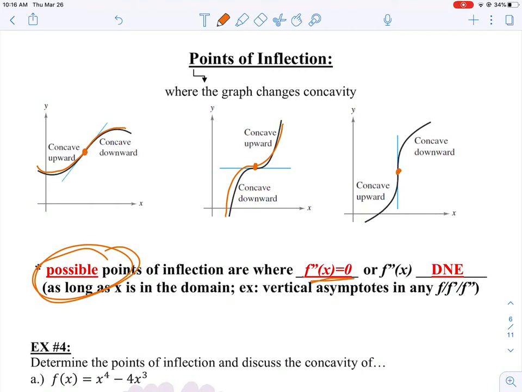That's where our second derivative equals 0 or does not exist. And then we have to do a sign chart, but with our second derivative. Remember, if our second derivative is positive, then our original function is concave up. If our second derivative is negative, well then our original function is concave down. And if it changes, then that point is called a point of inflection. But it's only a possible point of inflection until there's a sign change.